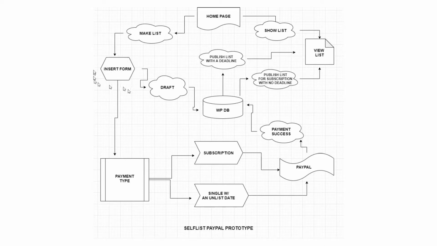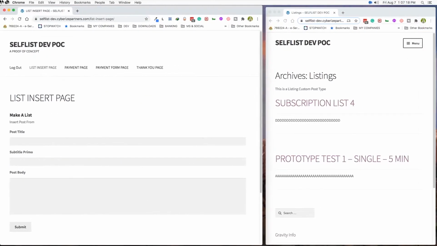Now this insert form is made with Gravity Forms, and once this is completed and submitted, a post gets created in draft mode and gets saved into the WP database. And then once the submit happens, it gets redirected to this payment type page, which can be shown here.